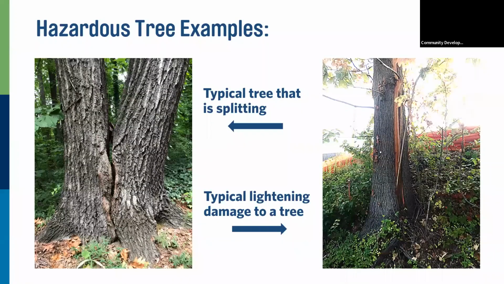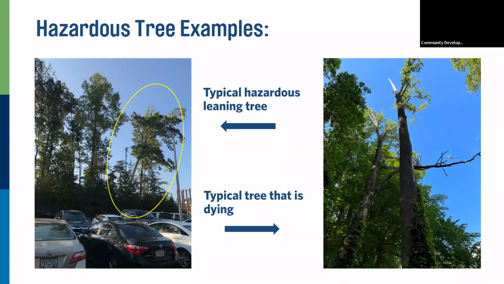We have a few examples of hazardous trees. You can see right here, this tree is splitting. It's actually on Windsor Parkway. This is a tree that got hit by lightning. This is a tree that's leaning hazardously. You can see it's going right over that parking lot. This tree is obviously in decline.